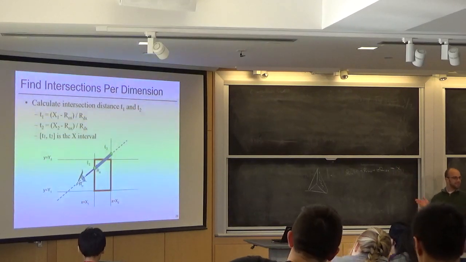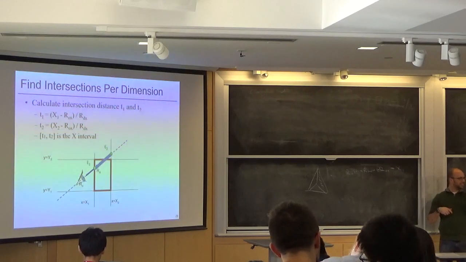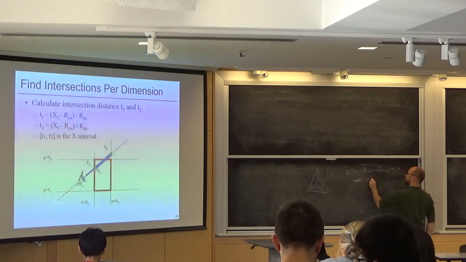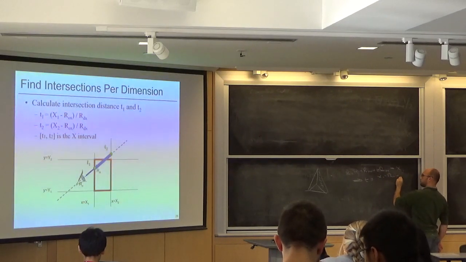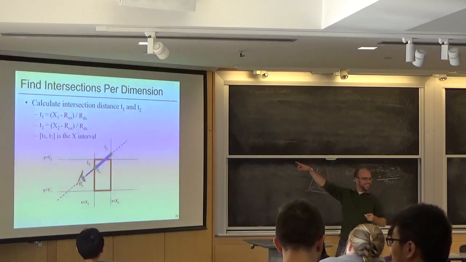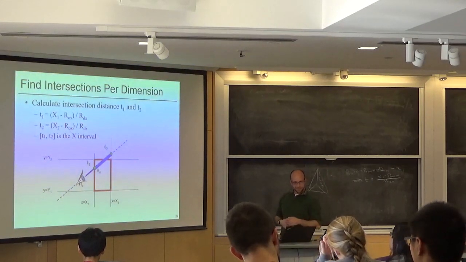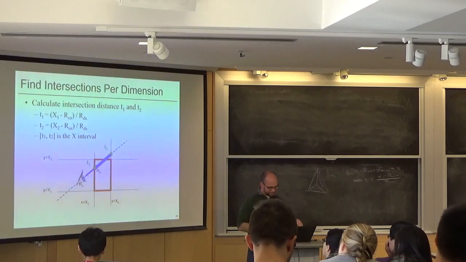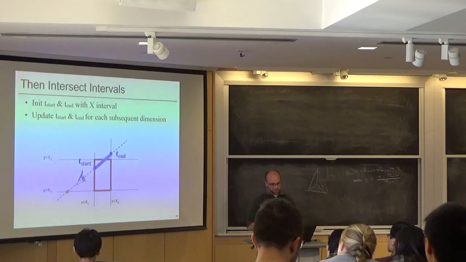This is marginally simpler than what we did 2 lectures ago, where you had x, y, and z components, because I'm assuming now that we're just in x. And so, of course, that means that t is equal to x1 minus r0x divided by rdx, which is what's on the slide here. And so that's how you get your range of t. At the end of the day, there's just 3 different formulas. You intersect, and then you're good. And that gives you the range of t values for your ray.